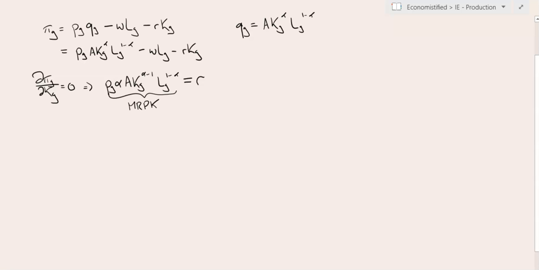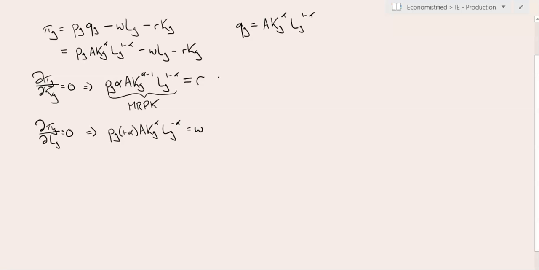Now we also have an optimality condition with respect to labor demand. And that gives us the following condition. Or in other words, that the marginal revenue product of labor is equal to the wage.